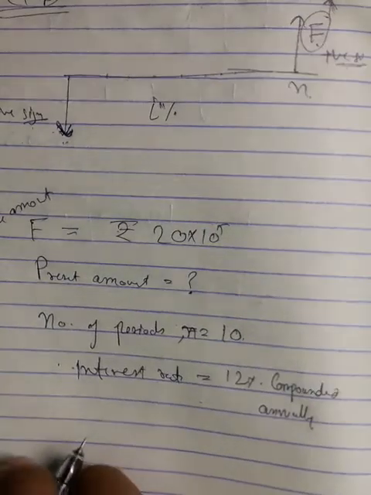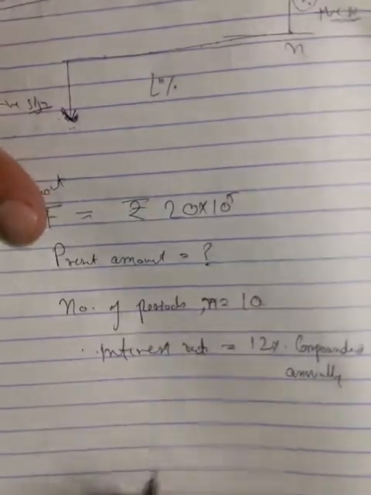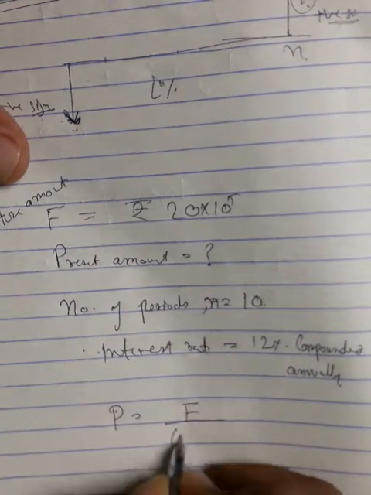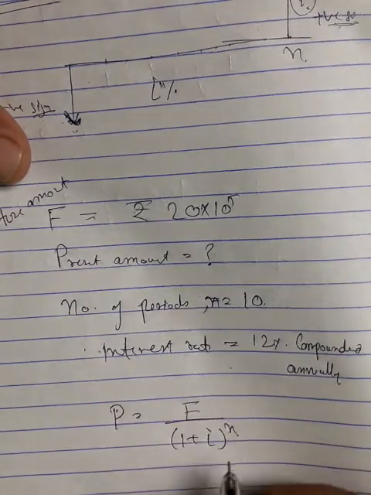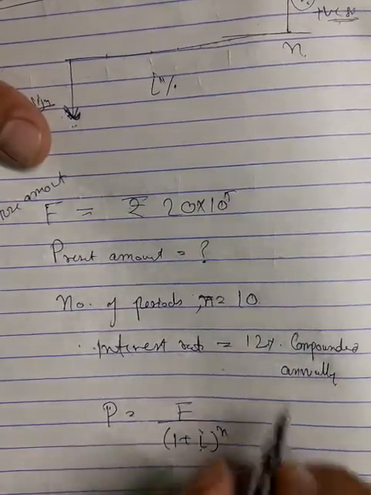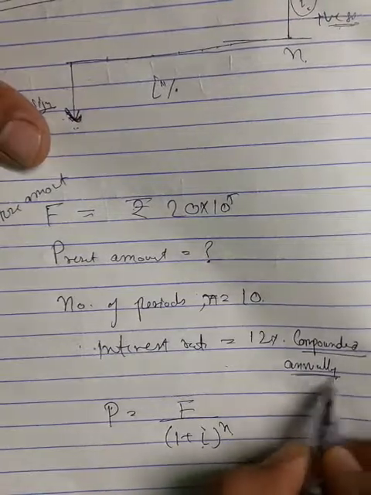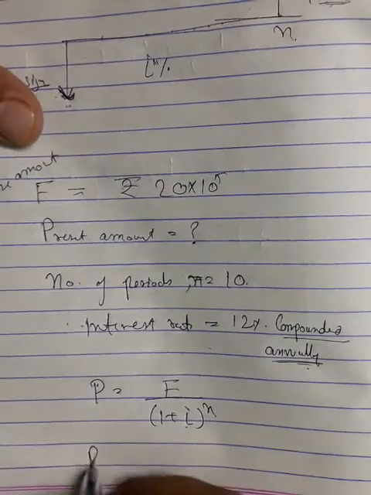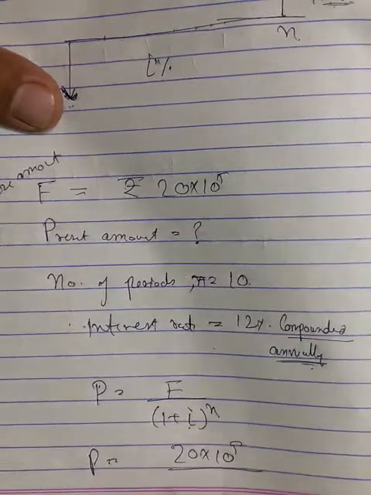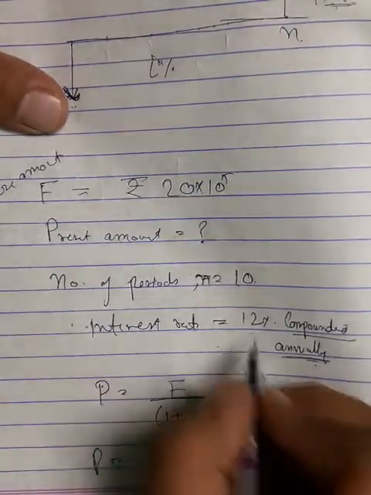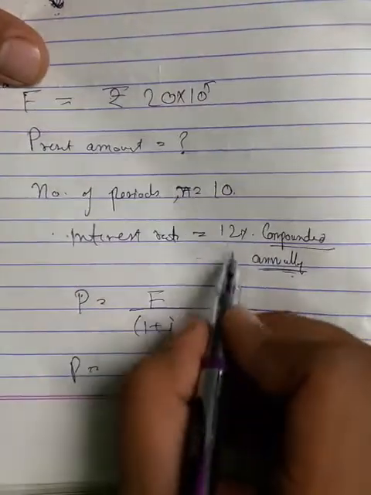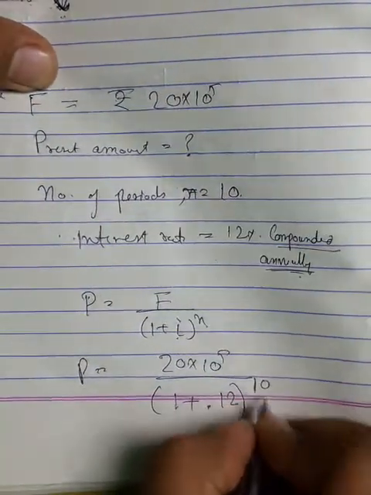To solve this kind of problem, we have a basic formula: P equals F by (1 plus i) to the power n. Now directly put the values here, there is no need to modify because it says compounded annually. So F is 20 into 10 raised to 5, 1 plus i is 0.12, and n is 10.